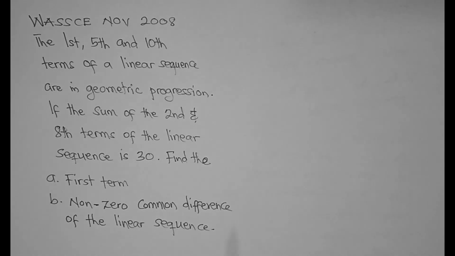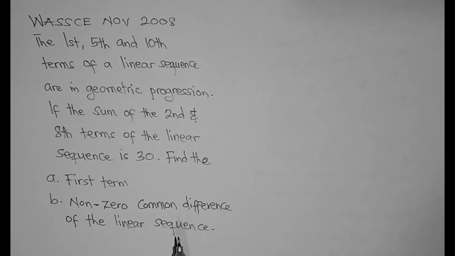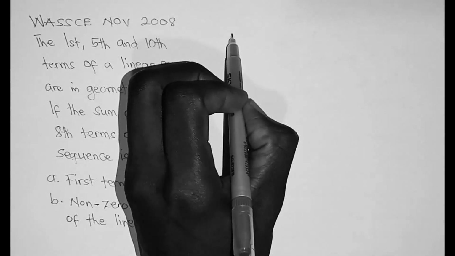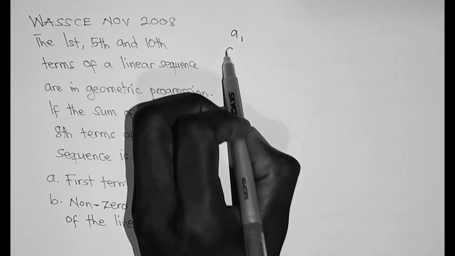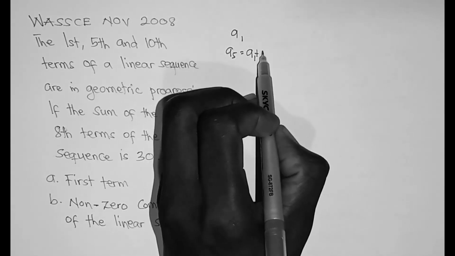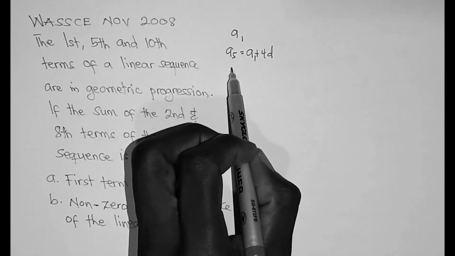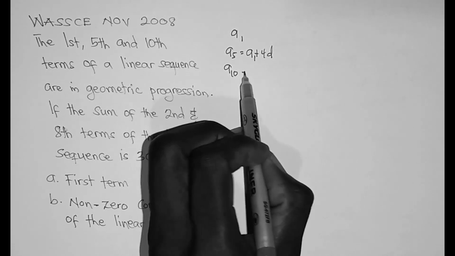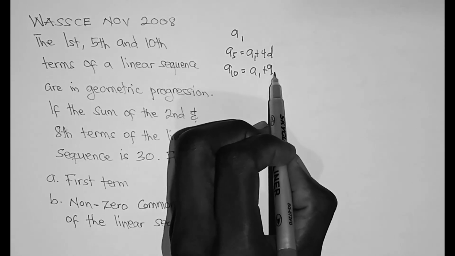So it says that the first, 5th, and 10th terms are in geometric sequence. So let's find: the first term is A1. What is the 5th term? A5 equals A1 plus 4D. And the 10th term, A10, is equal to A1 plus 9D.